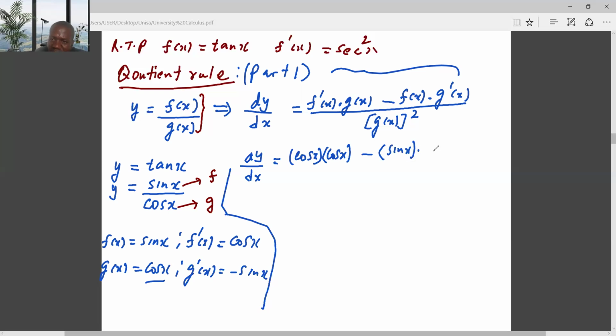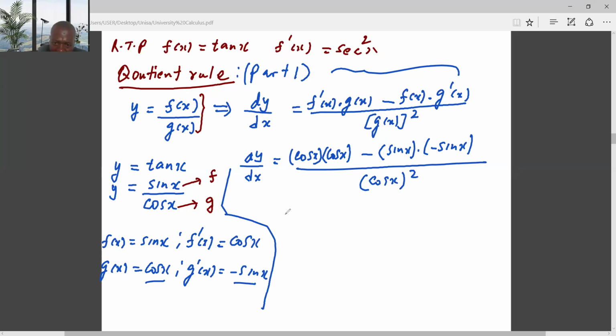Times g prime x, that is minus sine x. Divide by g of x, which is cos x, all squared.